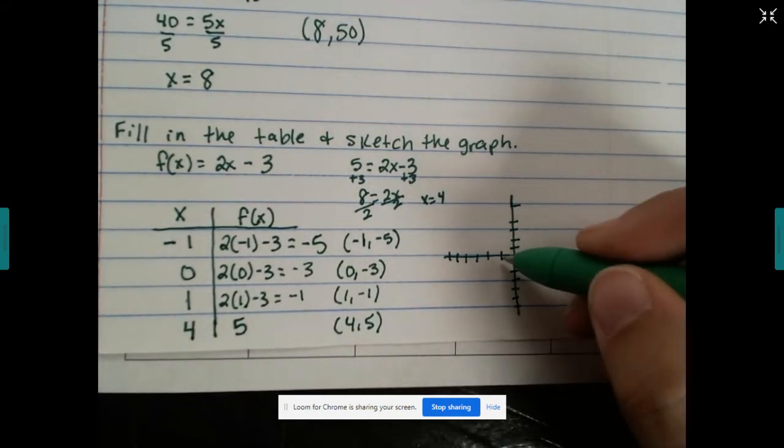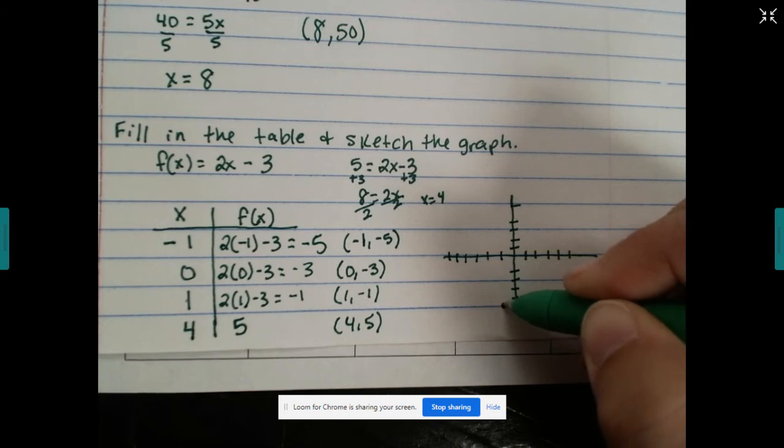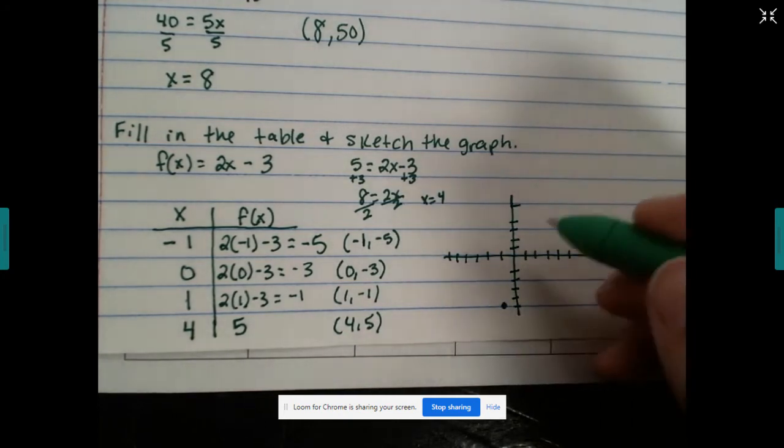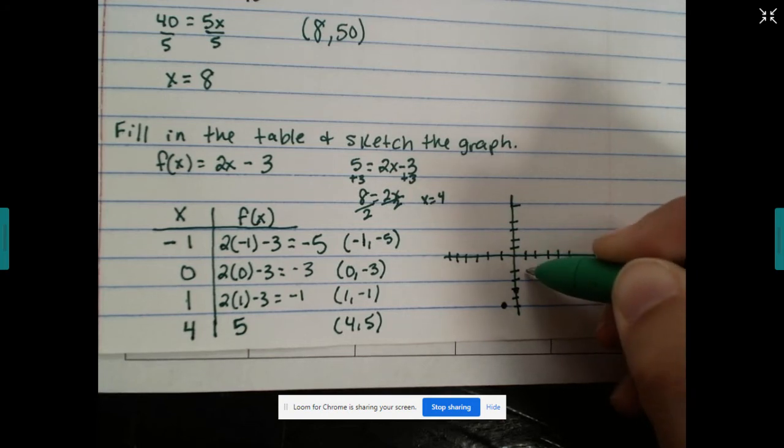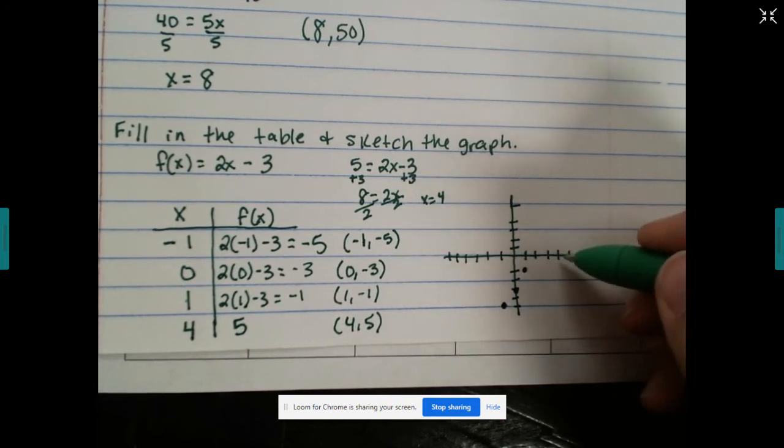So I have a point at -1, -5, which is about here. 0, -3. 1, -1. And then 4, 5.